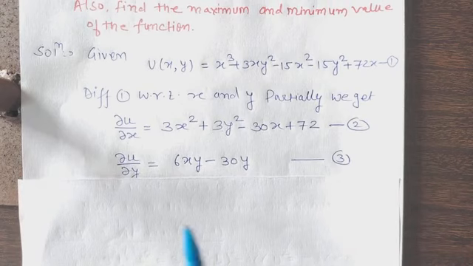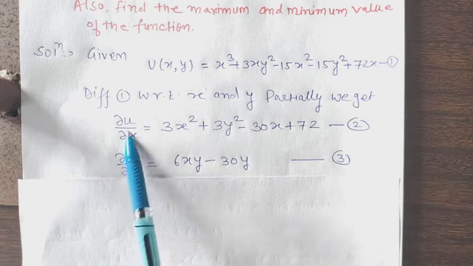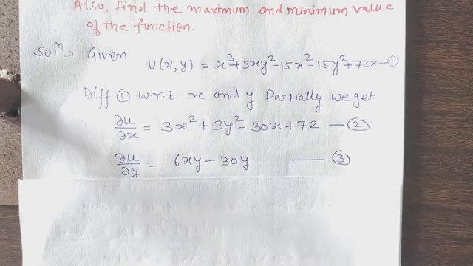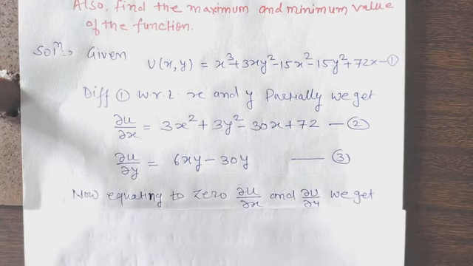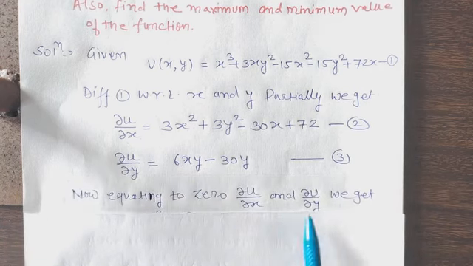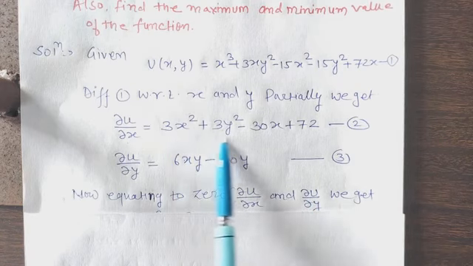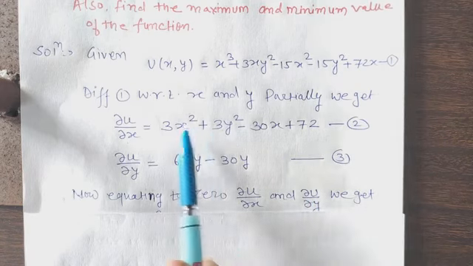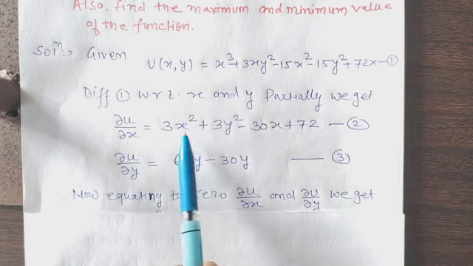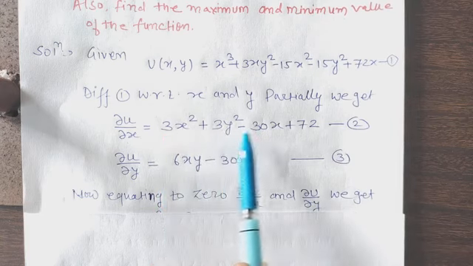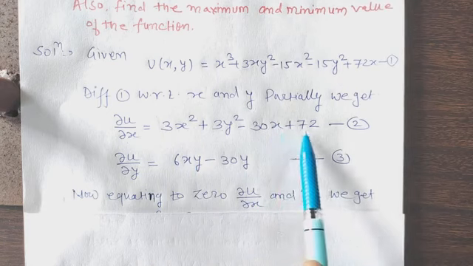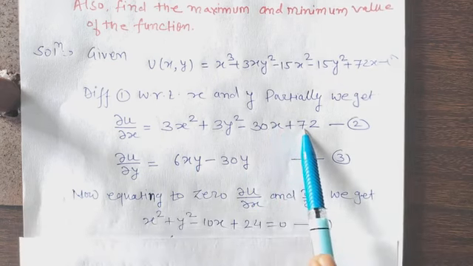Now we equate del u by del x and del u by del y to 0. Equating this equation to 0, we divide the whole equation by 3 and get x square plus y square minus 10x plus 24.